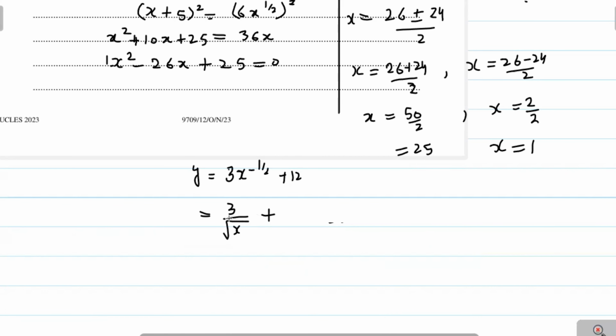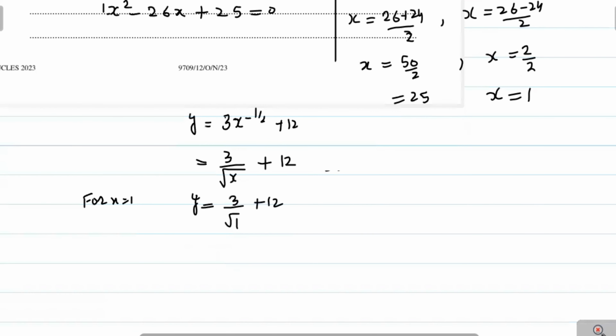We can write this equation as 3 over the square root of x plus 12, and therefore for x equal to 1, y equals 3 over square root of 1 plus 12, and this value will be equal to 15.